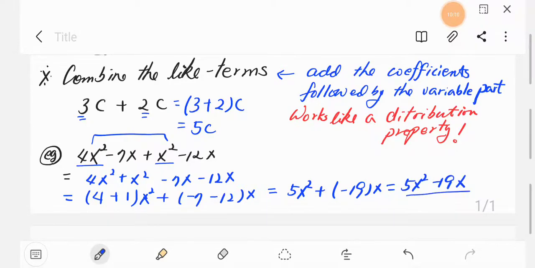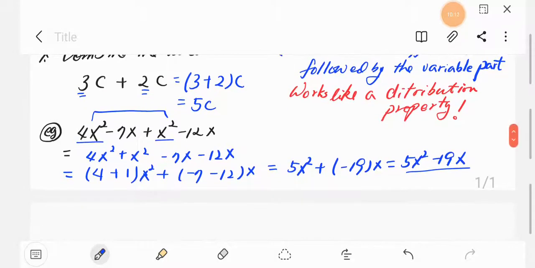So this is how we can do it. Actually, there is a simpler method. If you do this step by step, it takes time. So why don't we just, after you find the like terms, add up the coefficients? This is 4 and this is 1, since the 1 is hidden. So 4 plus 1 is 5, so write down 5x squared.